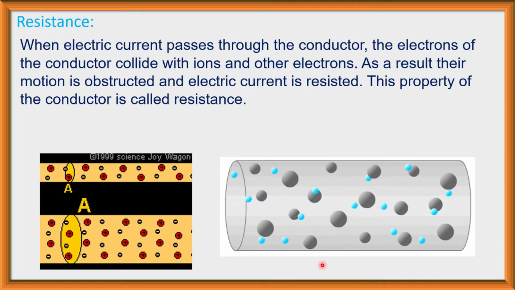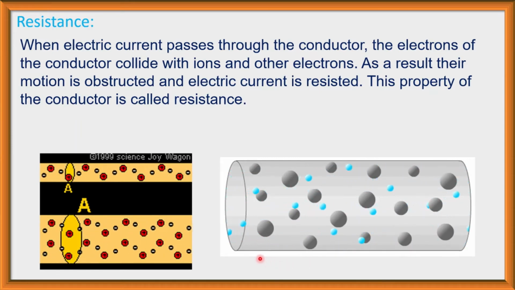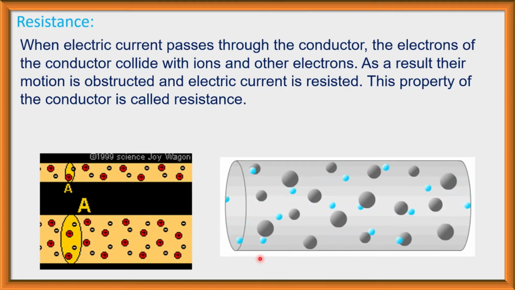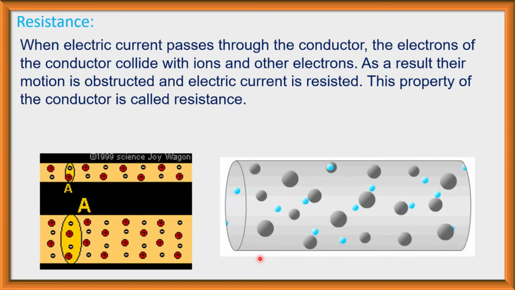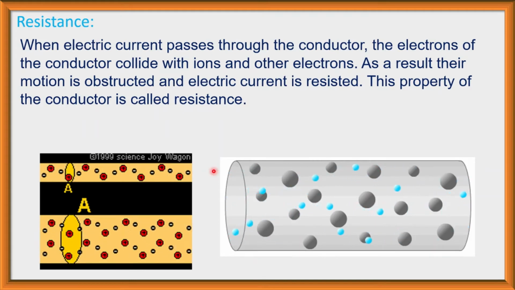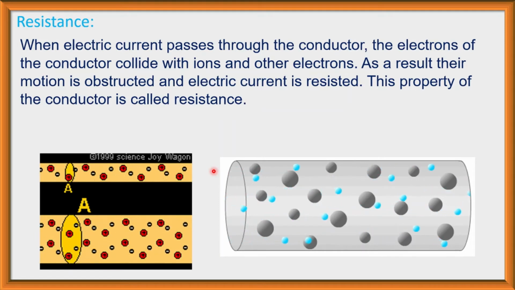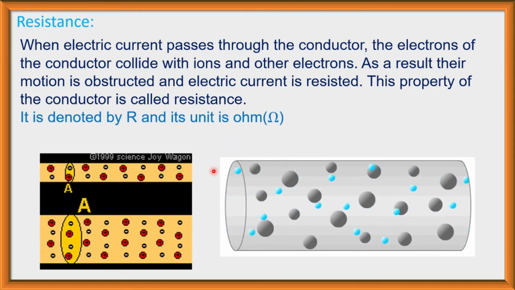We know current flow means flow of electrons, and their motion is obstructed by the collision among the electrons and collision between electrons and ions. So this is a property of the conductor. It is denoted by R and its unit is ohm.